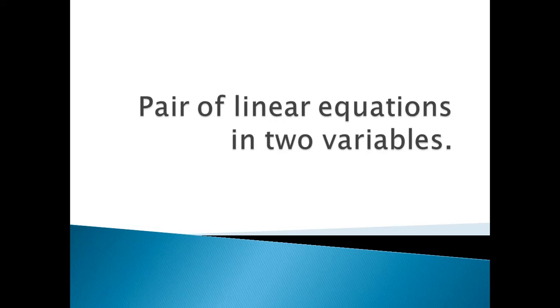Here, we studied about a pair of linear equations in two variables. Pair means what? Two. Here there are two equations always together. That is the first point.